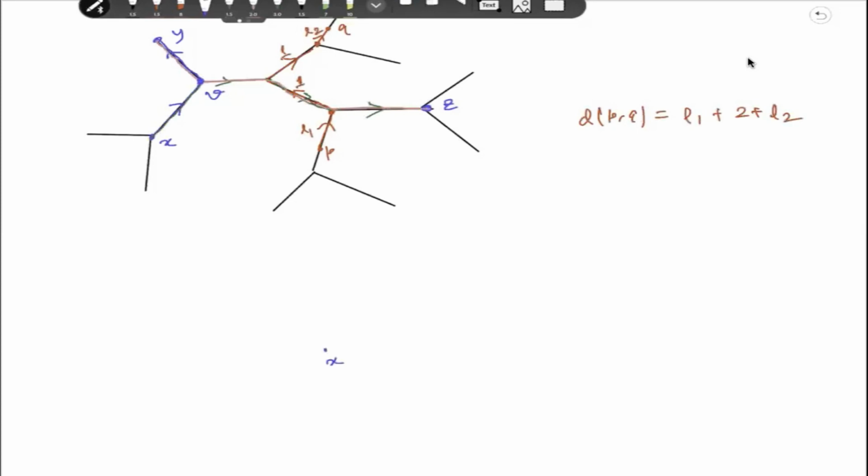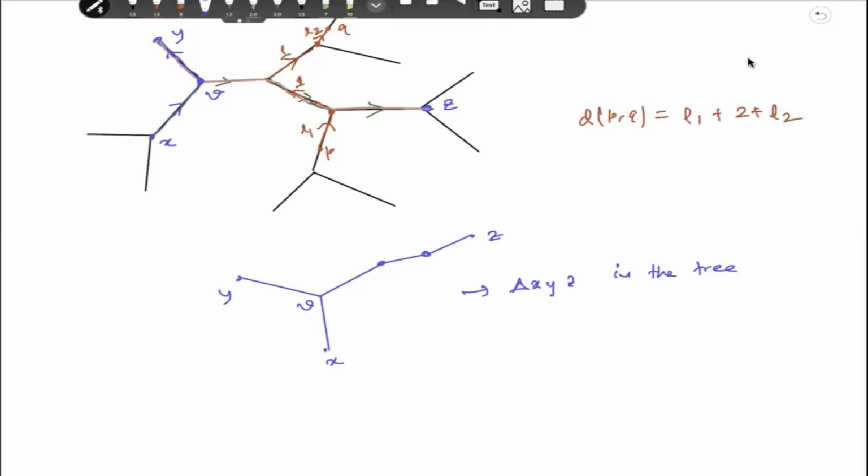So you have this X, this is my Y, and suppose this is my Z. So we have a picture of this tripod. In fact, it is a triangle XYZ in the tree.